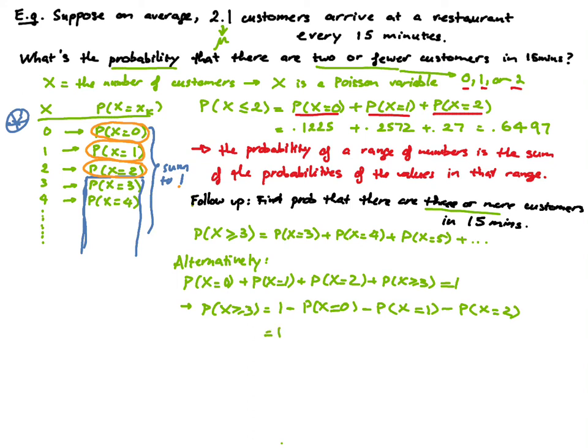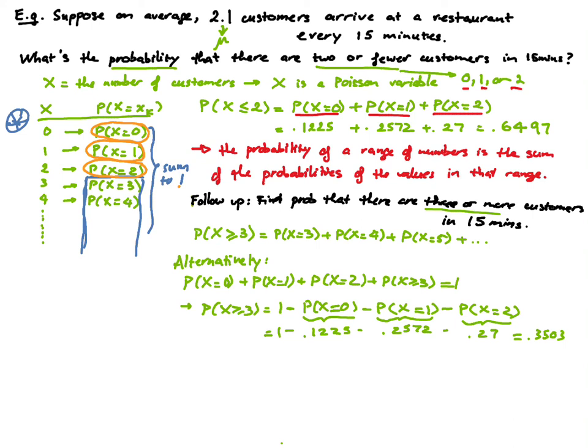But then we know the probability that x is 0 is 0.1225. Right? We know the probability that x is 1 is 0.2572. And then we know the probability that x is 2 is 0.27. Right? And so if you do the math, you're going to get 0.3503 as the probability that we have 3 or more customers in 15 minutes.